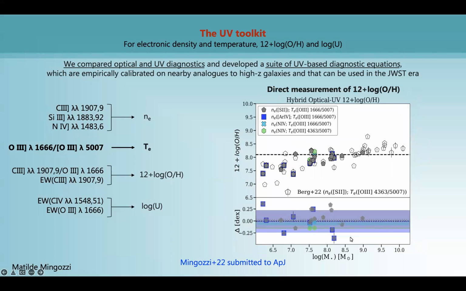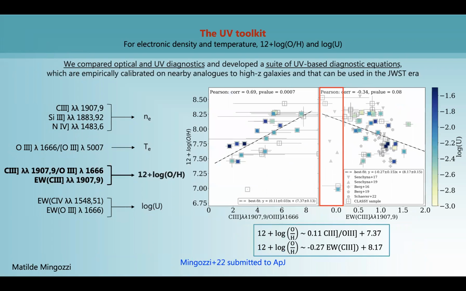For the temperature, you can use the hybrid line ratio between the oxygen 3 1666 and the nebular one to measure the metallicity with the direct method, finding metallicities that are within 0.2 dex with respect to the one that you can derive in the optical.